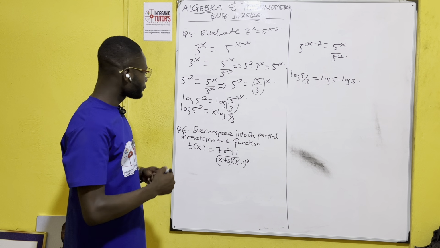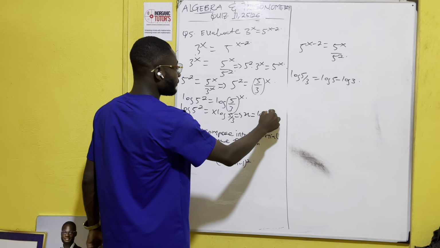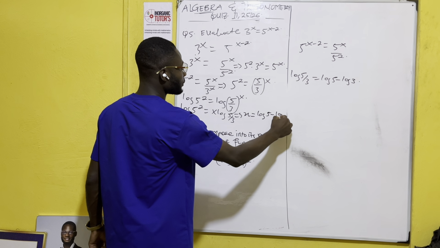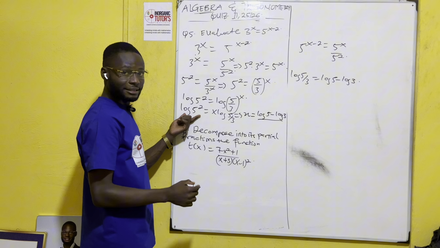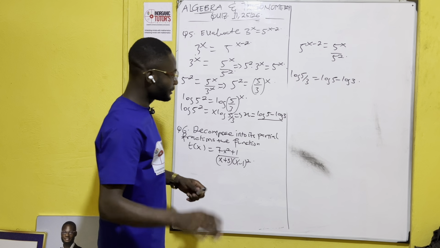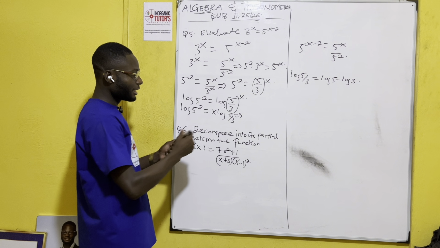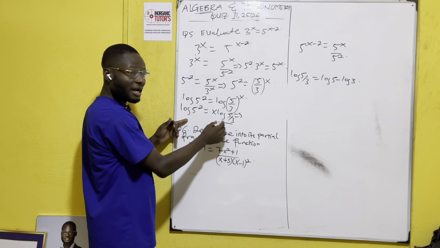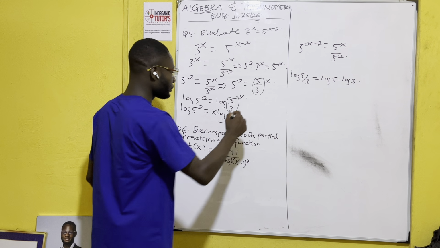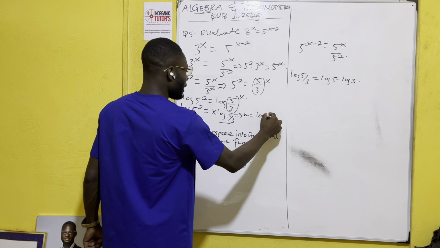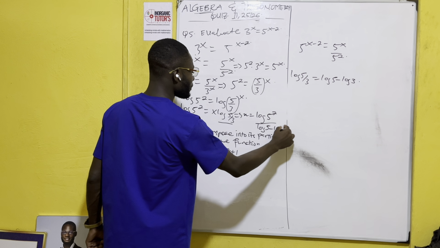So x is equal to log 5 squared; we need x, so we have to divide this by log (5 over 3). And we know that log (5 over 3) is log 5 minus log 3. So we have x equal to log 5 squared divided by log 5 minus log 3.